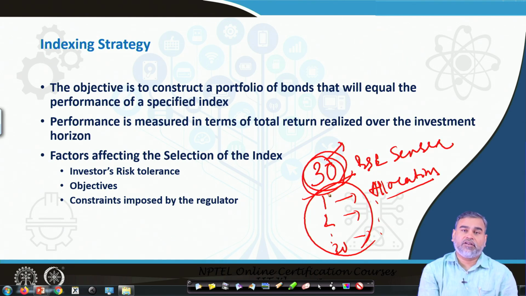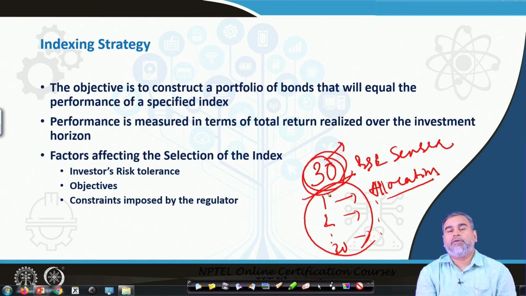If it is a larger organization, the risk taking capacity is relatively higher. If it is small, then the risk taking capacity, or risk tolerance limit, is lower. Because of that, they have to choose an index which reasonably gives an average return over time and does not expose them to too much risk in the market.